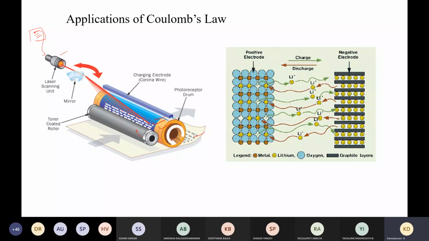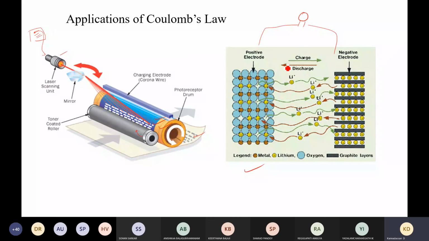And similarly, here you can see the lithium-ion battery, and how lithium ions are used to charge the electrodes. By the way, it becomes charged, and when it is releasing, when we connect some application, let's say a battery or something else, the load comes in.